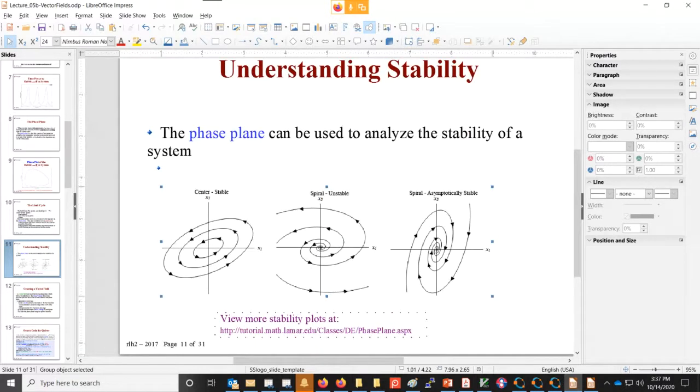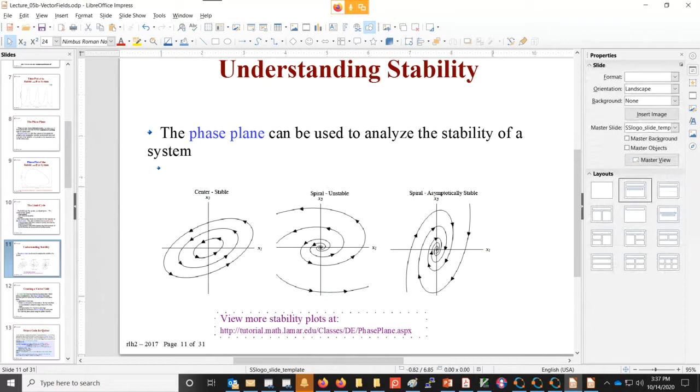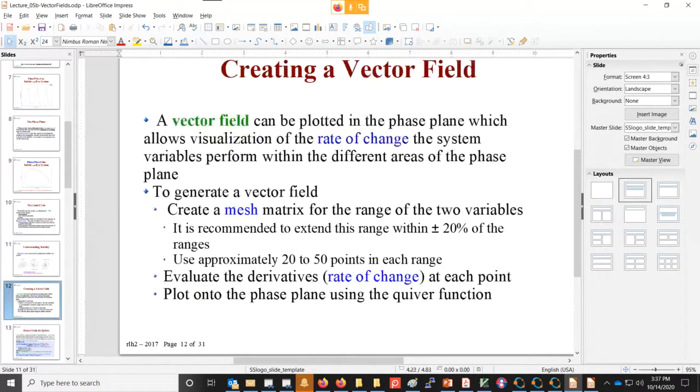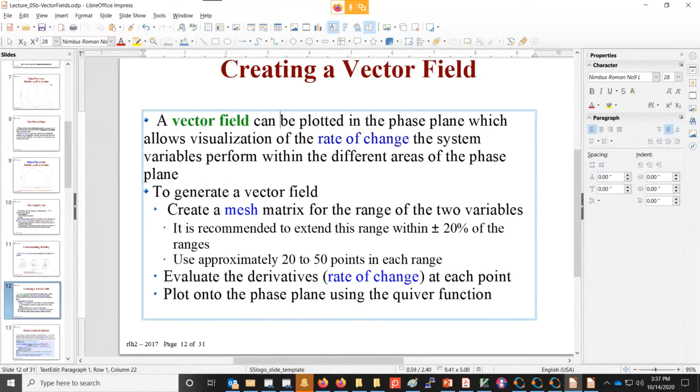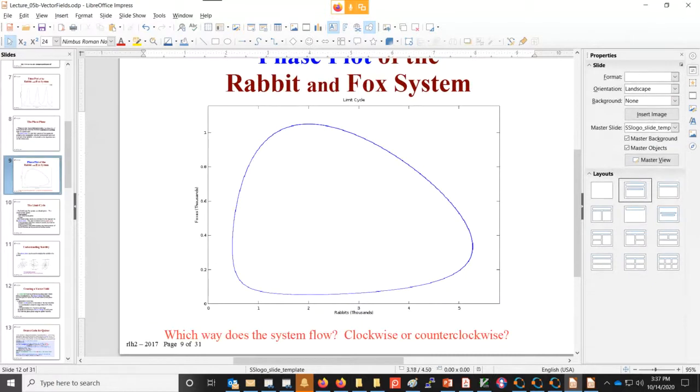There's some more there. I have a link there. You can go look at some other of these stability plots, all right? But one of the things we can do, because again, when you look at this phase plane, it's kind of a cool graph.